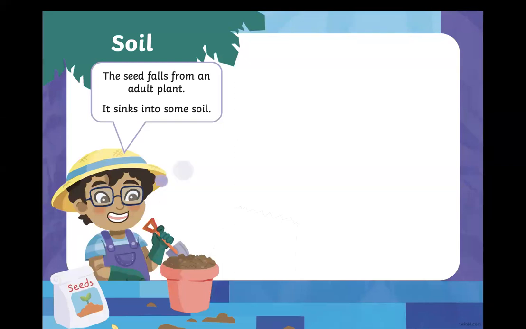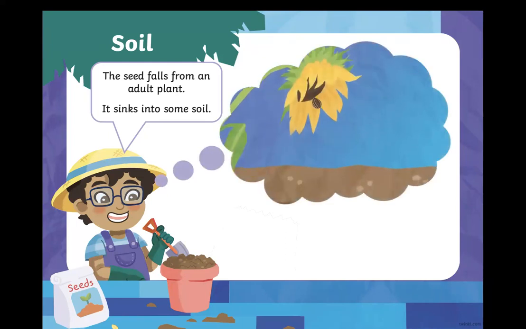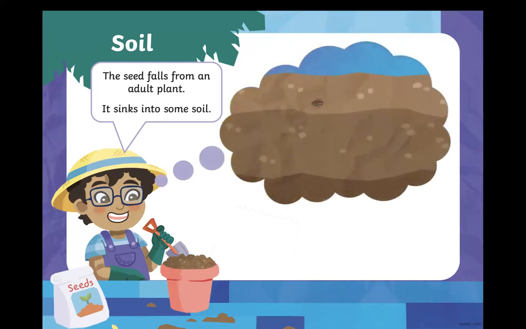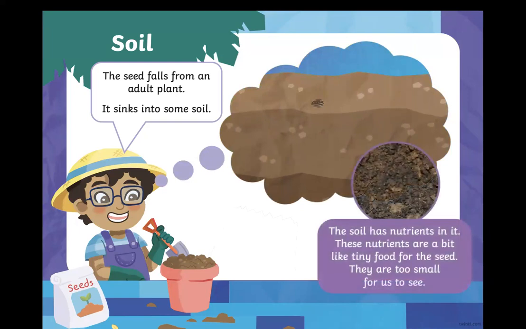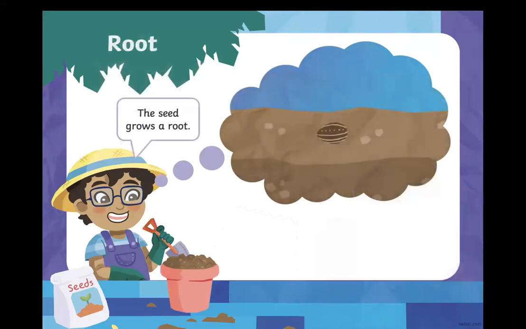The seed falls from an adult plant. It sinks into some soil like what you are looking at right now. The soil has nutrients in it, of course. These nutrients are a bit like tiny food for the seed. They are too small for us to see. The seed grows a root.